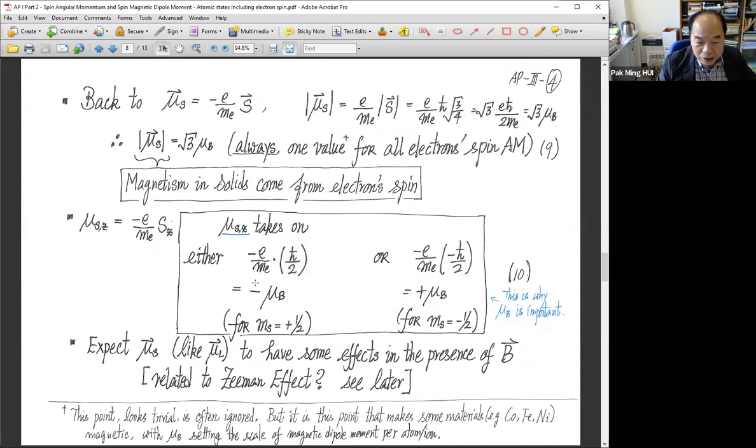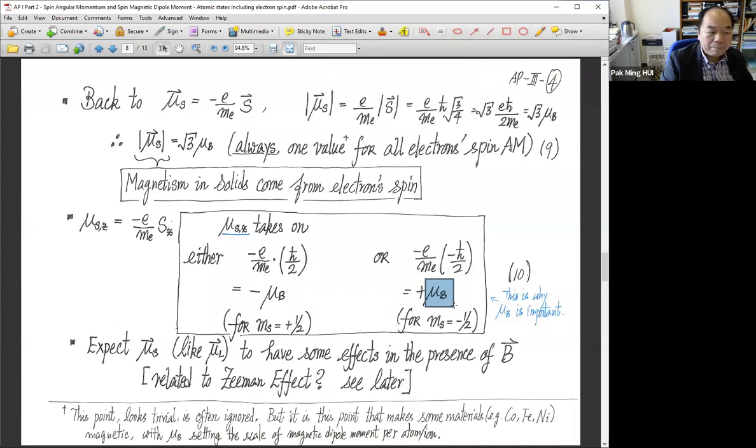Here is another reason why I said you should remember the Bohr magneton by heart. An electron has in any direction only two projections, two possible values of the spin magnetic dipole moment. And they are plus minus Bohr magneton. Isn't that simple?